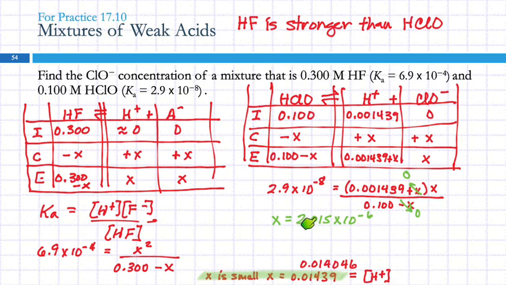So how do I check if my x is small approximation was valid? I'm going to divide this by one of the numbers that was added to or subtracted from. Which one do I choose? I want to choose the one that's going to give me the largest percent. So I'm going to choose this smaller one.